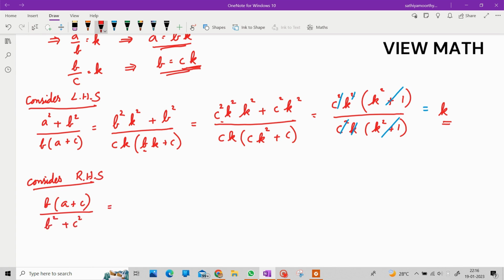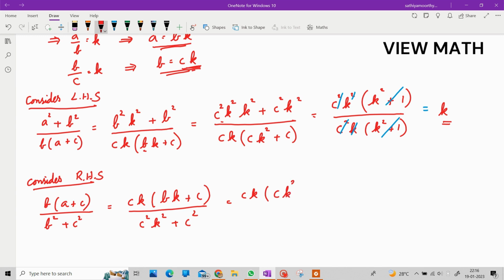So this is equal to b, which is ck, I am going to substitute ck, into a, which is bk, plus c, divided by b square, which is c square k square, plus c square. So this is equal to ck as it is. Here for b I am going to substitute ck, and one more k is already there.